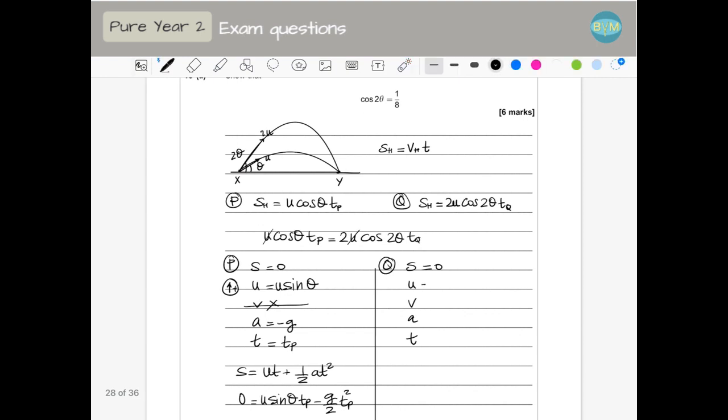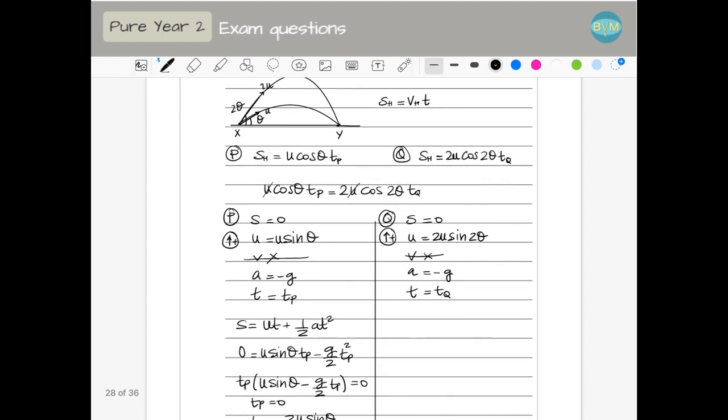The initial velocity is the vertical component, so it's 2u sine 2 theta. We don't need the final velocity. Acceleration is minus g, because I'm again considering up as positive, and TQ is the time that Q takes. I'm going to use the same equation, substituting displacement 0, and velocity 2u sine 2 theta times TQ minus g divided by 2 TQ squared.